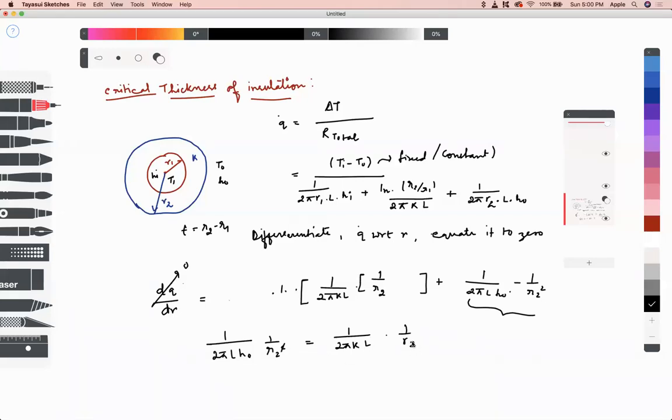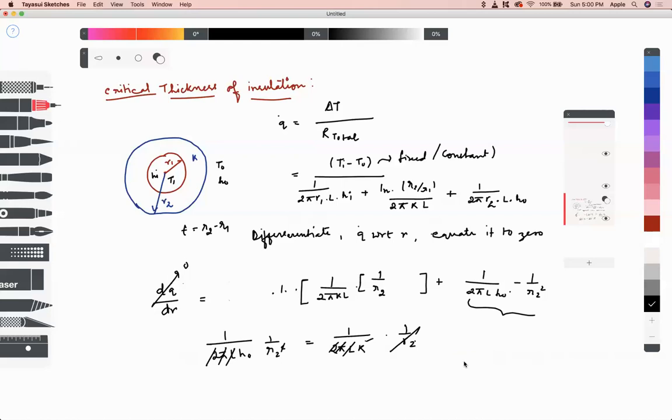So here there is a little cancellation of this term, 2 pi L, but k will not be cancelled. These terms will cancel.